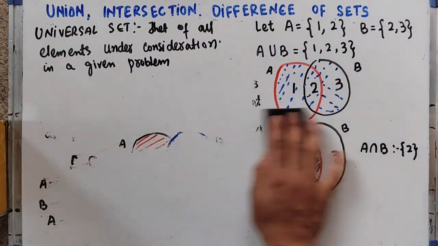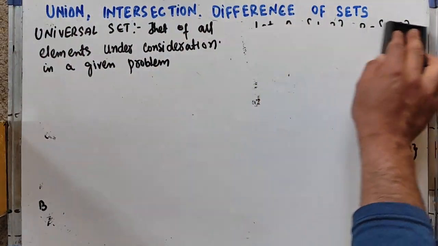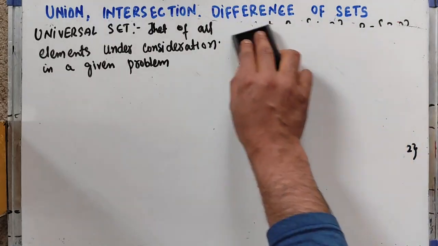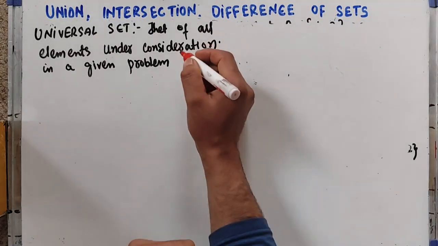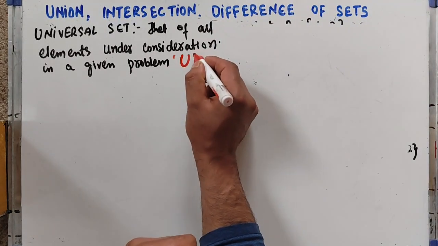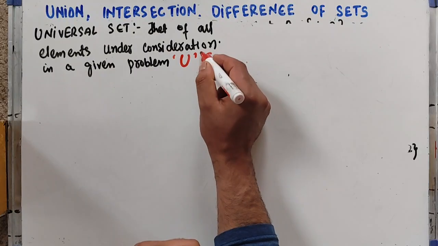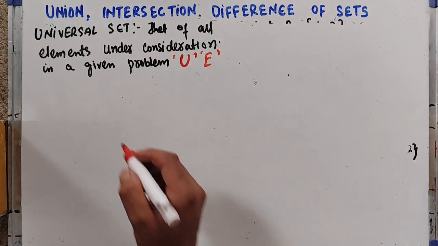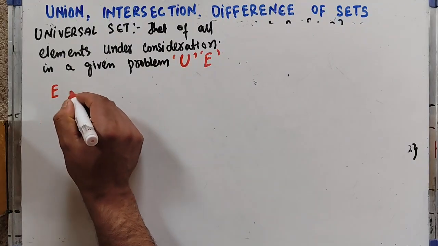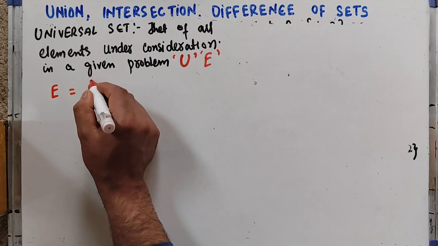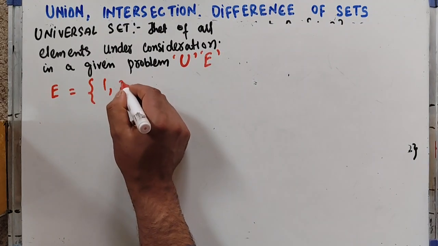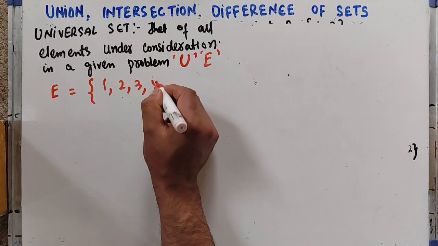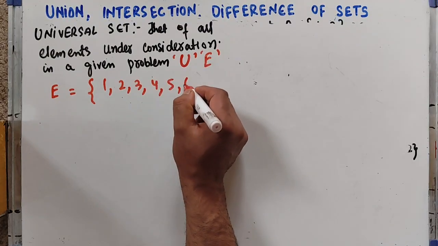Now let me rub this out. It is denoted by U, or we denote it by E, the universal set. Let us suppose we have a universal set which consists of elements 1, 2, 3, 4, 5, 6.